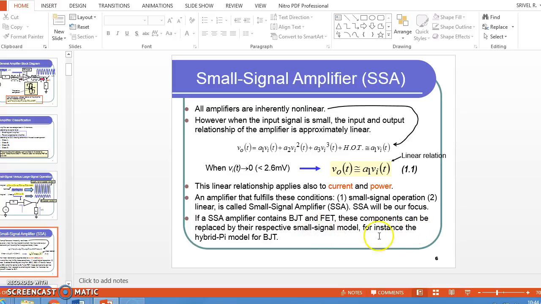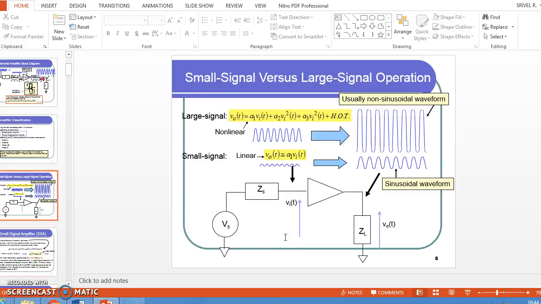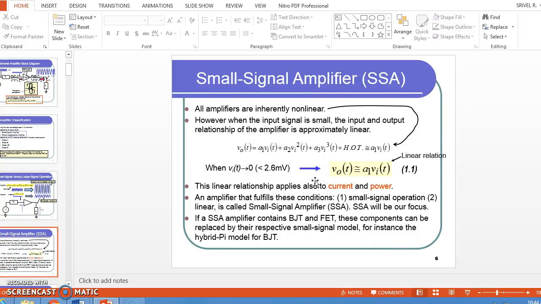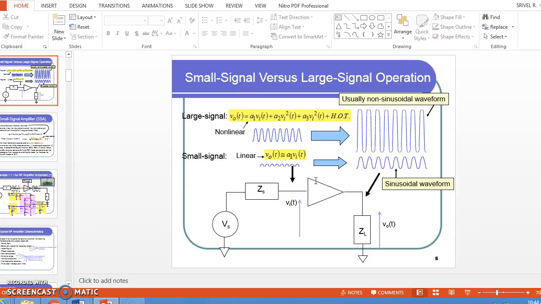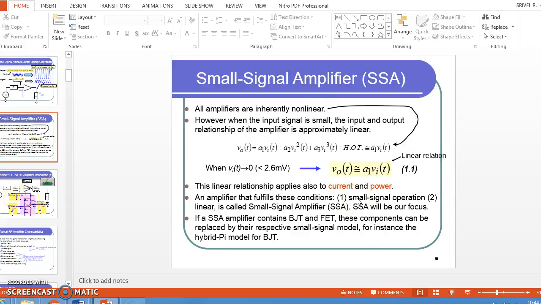For instance, the hybrid PI model can be used for BJTs, as shown here, and likewise for FETs, when the input is a small signal. So if we have a small signal, we use the hybrid PI model for BJTs for analysis.